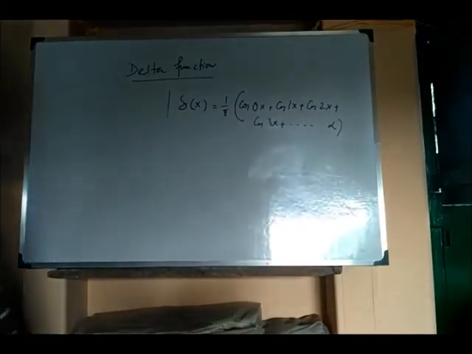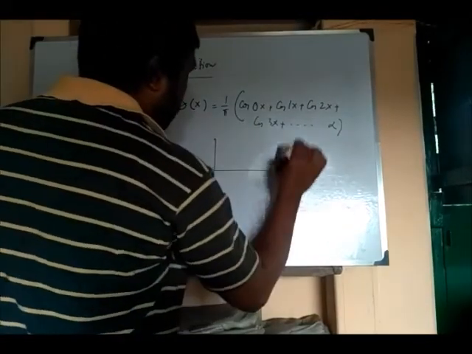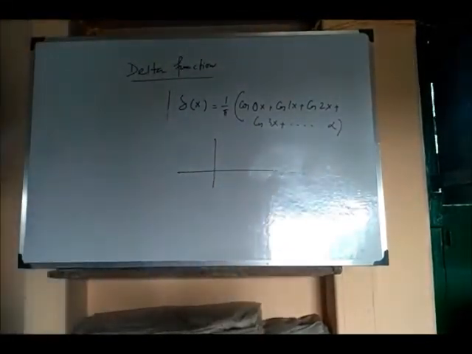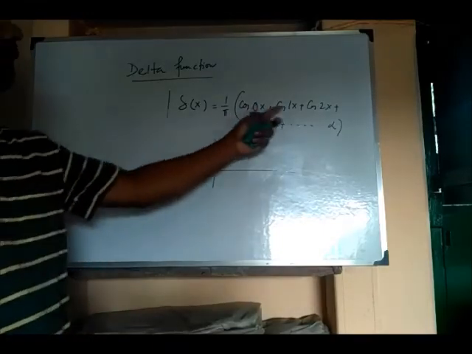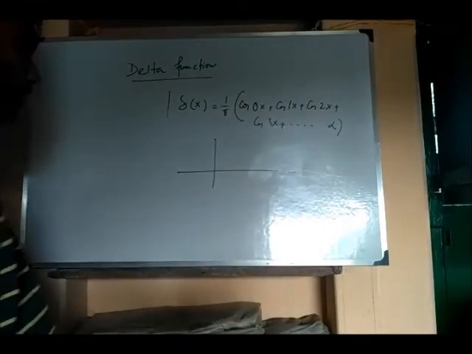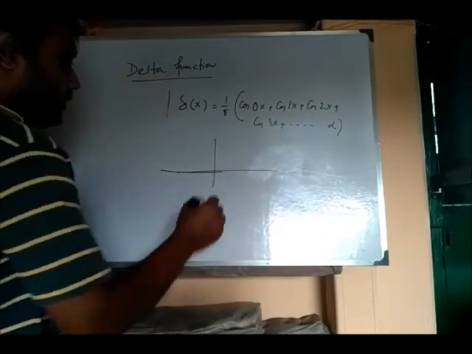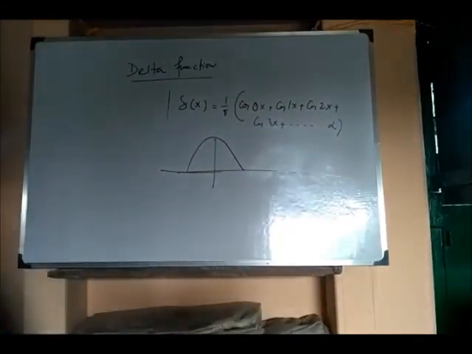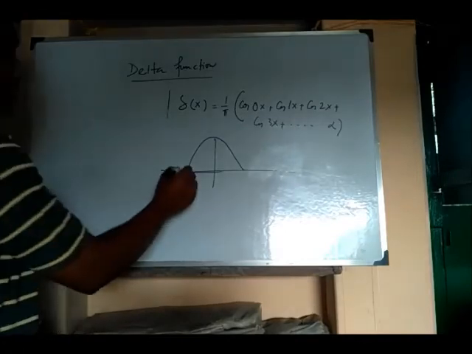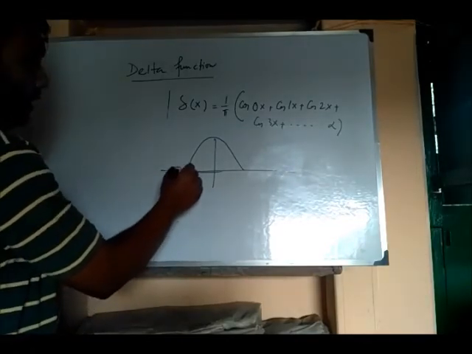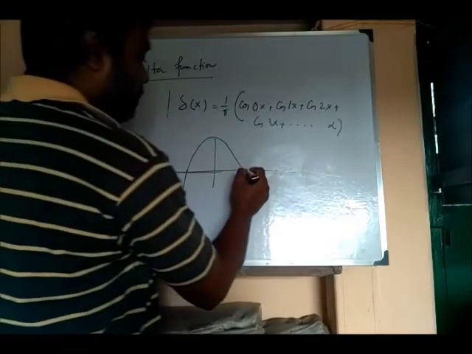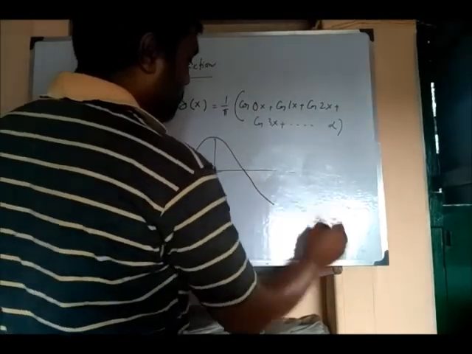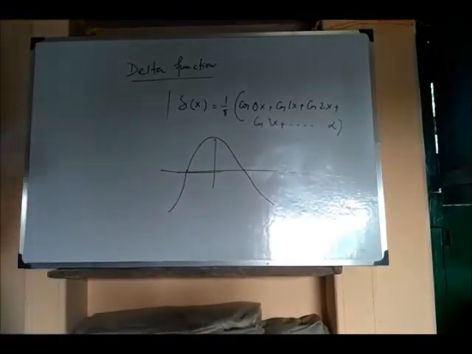Okay, so definitely if you use the form of cosine 1x, what will we get? We will get this within plus pi to minus pi. So at minus pi this becomes 1, and at plus pi it is minus 1.